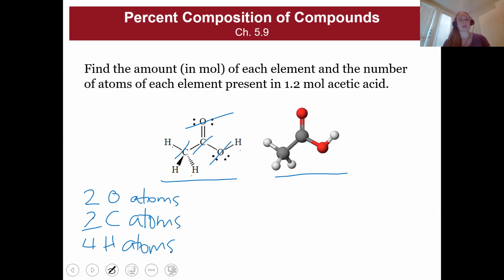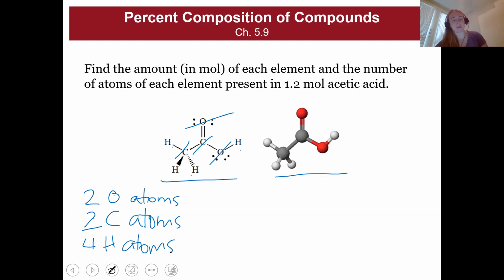So now we want to find the amount in moles of each element if we have 1.2 moles of acetic acid. Just like we did with the oxygen on the previous slide, we saw that there were 2 moles of oxygen atoms in 1 mole of acetic acid. So that is a conversion factor.